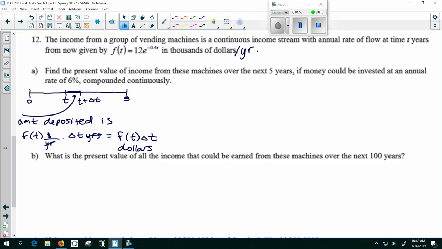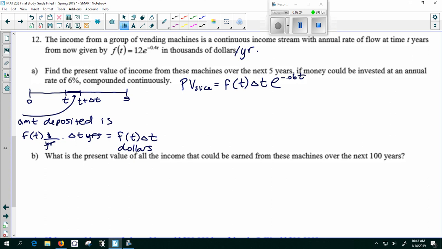To find the present value of that tiny time slice, it's f of t delta t, the amount of money we're investing, times e to the negative 0.06t, because it's 6% compounded continuously.